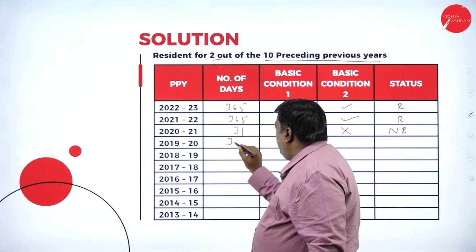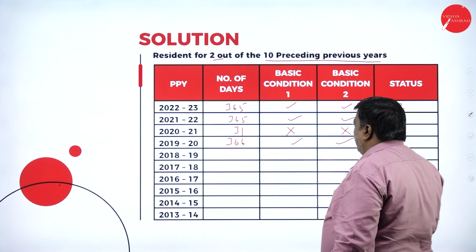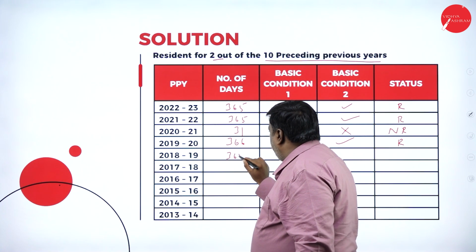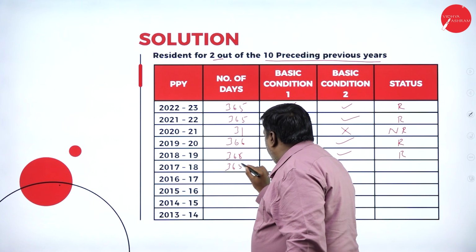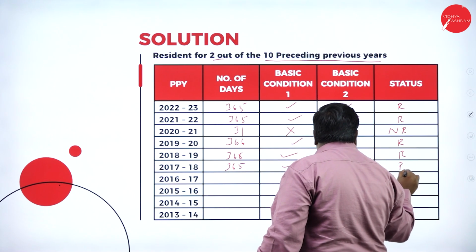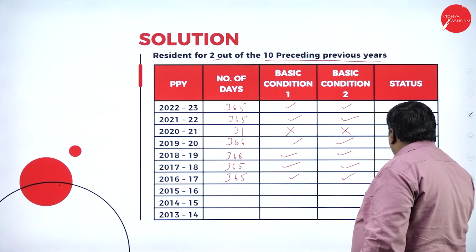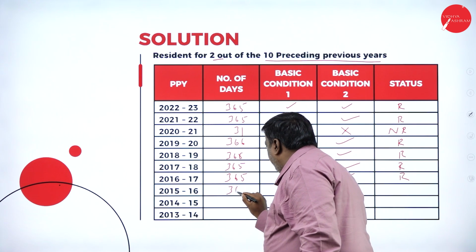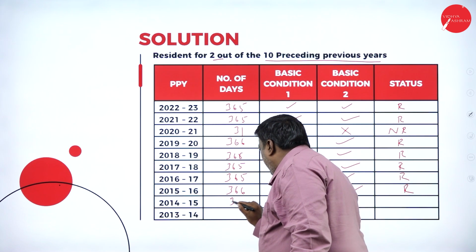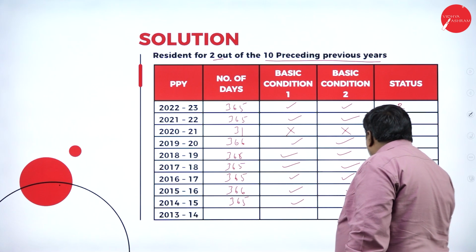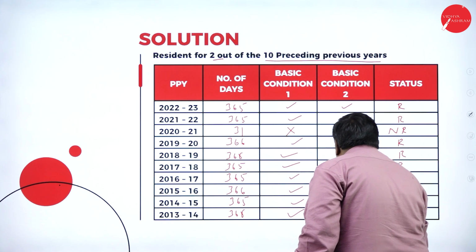2019-20, it is a leap year. 366 days. So I was in India, satisfied. They're going to call me resident. And here, 365 days, satisfied, resident. 365, satisfied, resident. 365, satisfied, resident. 366, satisfied, I'm a resident. 365, satisfied, resident. 365, satisfied, resident.